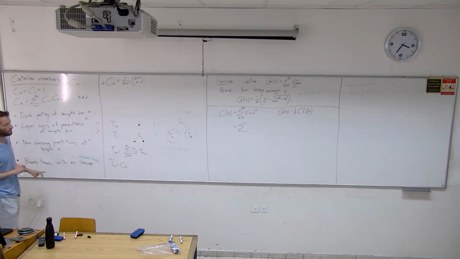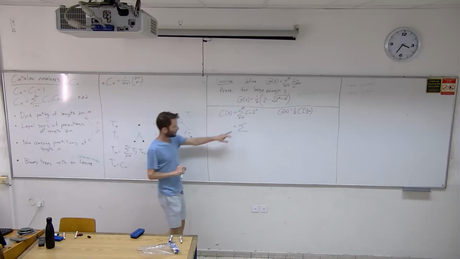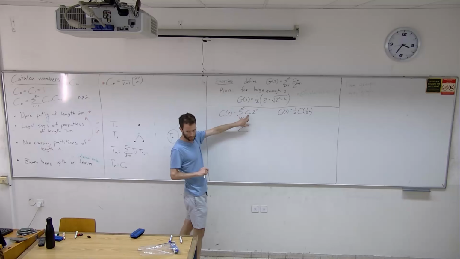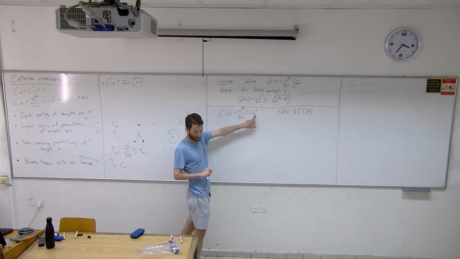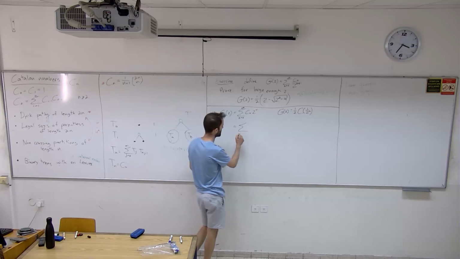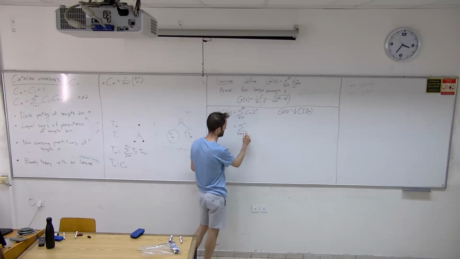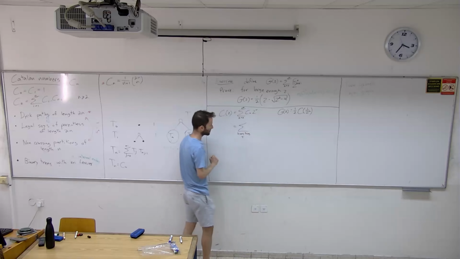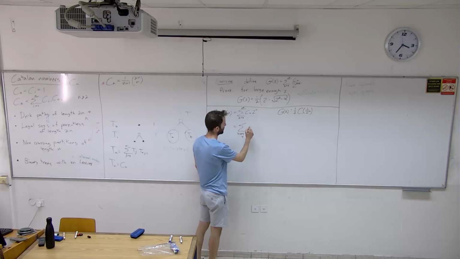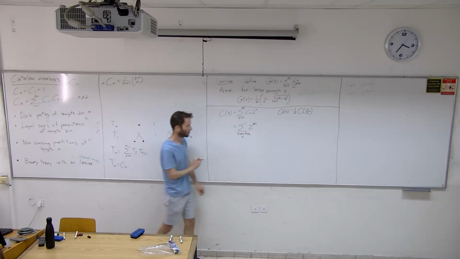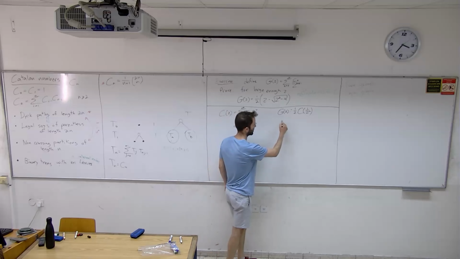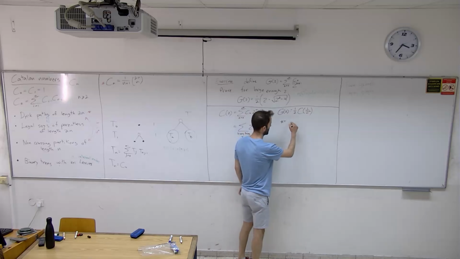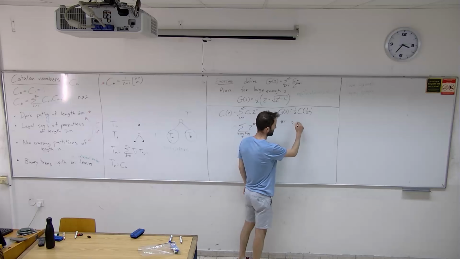So instead of writing the Catalan numbers as the coefficients and then z to the n, I want to sum over all binary trees T. I want to sum over z to the count of T, and I think of the count of T as the number of internal nodes in T.